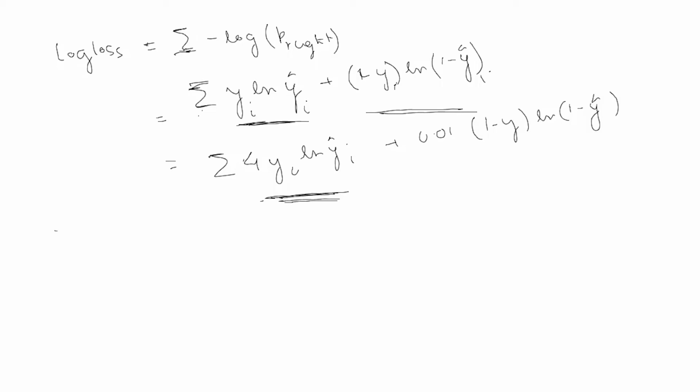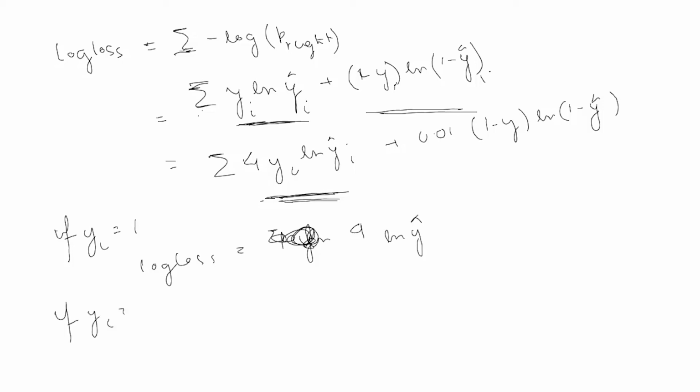So let's write it. If yi equals 1, your log loss is 4 into ln of y hat. If yi equals 0, your log loss is 0.01 into ln of 1 minus y hat.